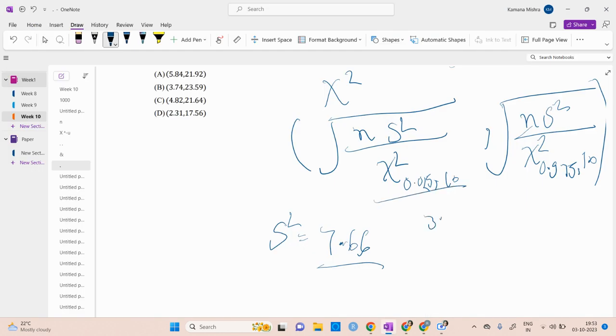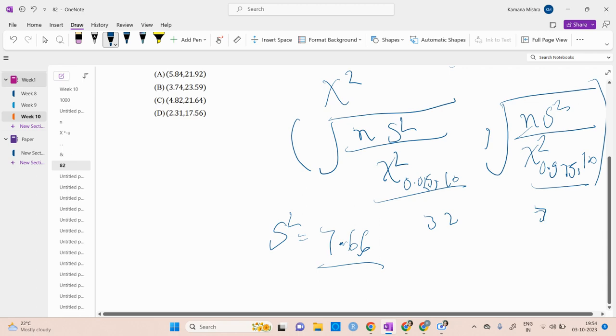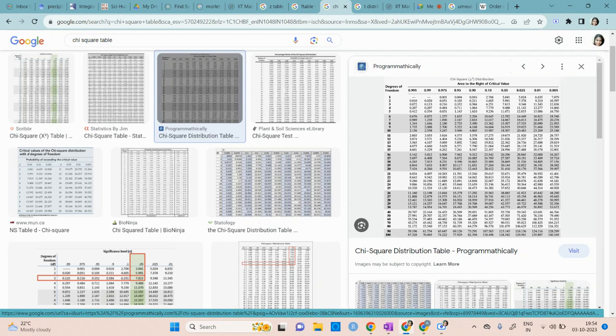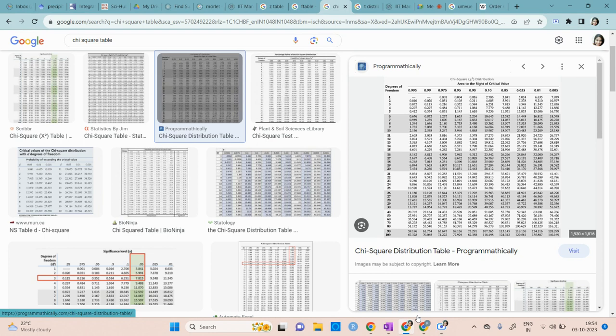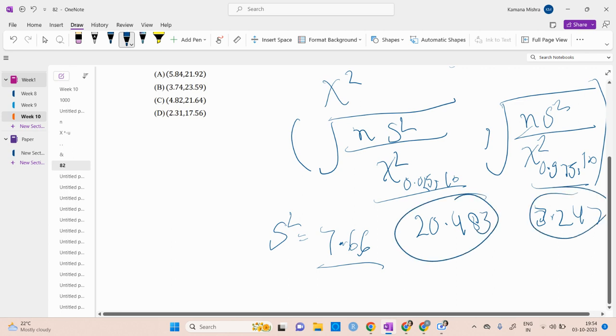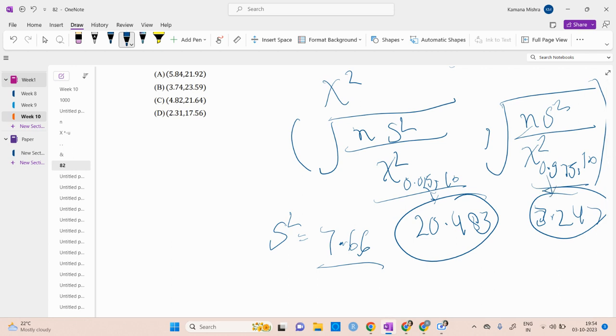And with degree 10 and then 0.025, it's 20.483, right? So these are the chi-square values at this point. Now you can put all these values in and then you can solve it.